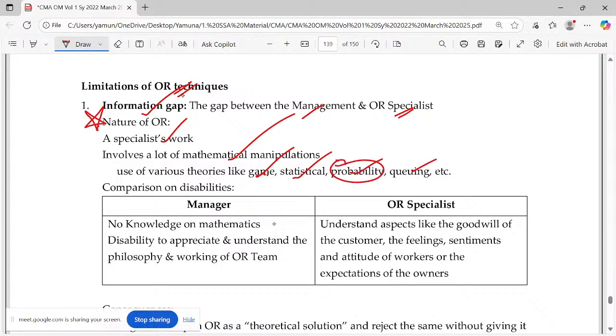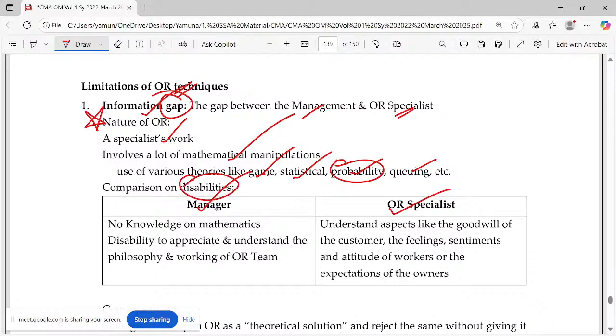The gap has to be filled, because for each and every small thing you cannot go and ask the management to clarify. So most of the cases we have to work on our own assumptions, and since the environment is dynamic, we have to go on probability only, the probabilistic method only.